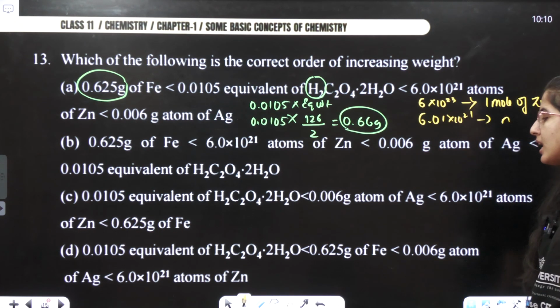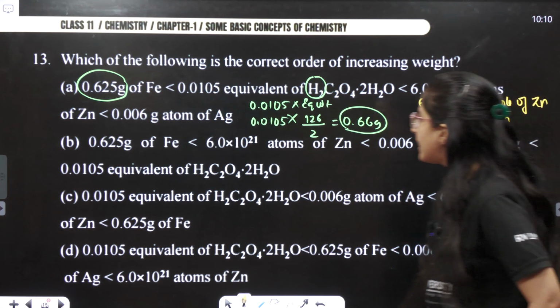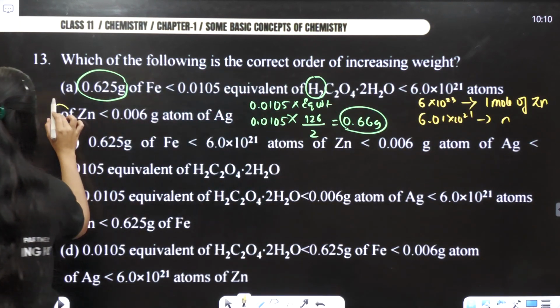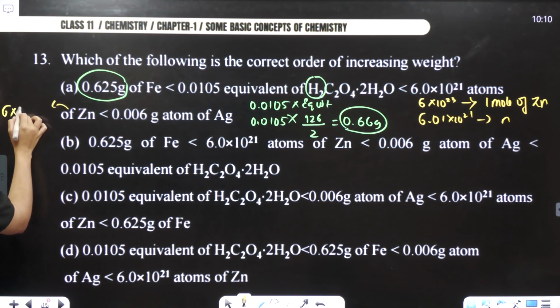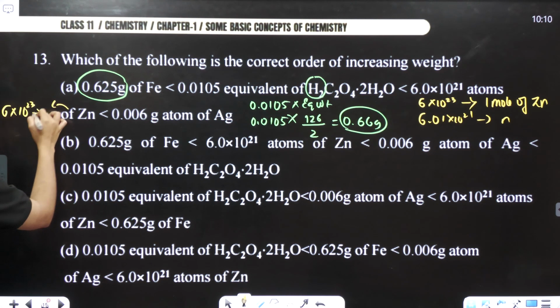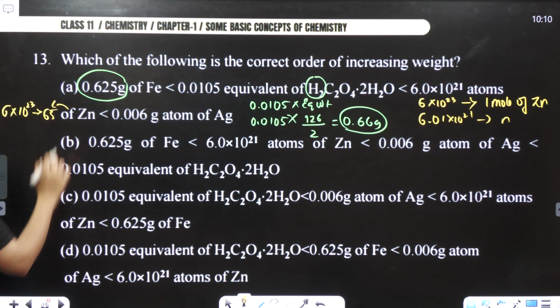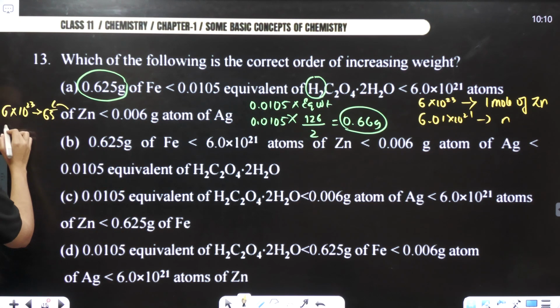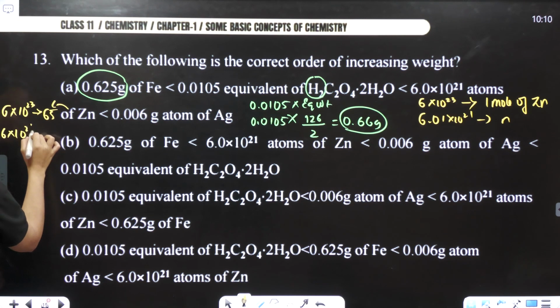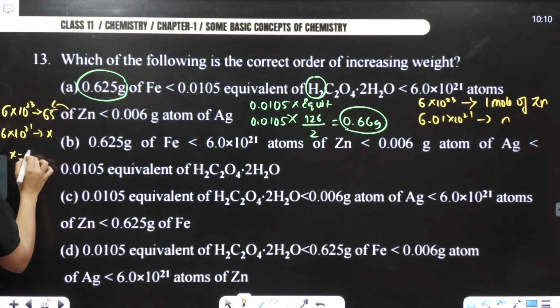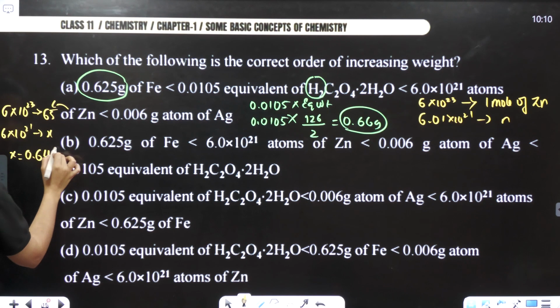So rather than taking mole, we can take this directly into the mass. So you can write 6 into 10 raised to 23 consists of 1 mole of zinc, which consists of how much mass? Mass will be 65. So now 6 into 10 raised to 21 will consist of X. Now X value comes around 0.647.